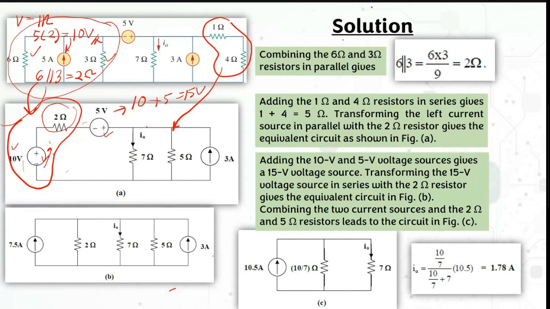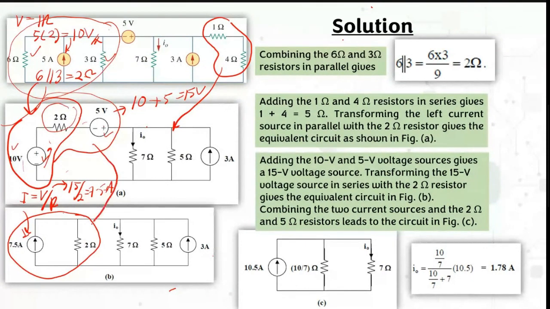Then you want to transform this into a current source. Current source equals V over R, so you have V, which is 15, over 2, so you have 7.5 ampere. So here you have the current source of 7.5, in parallel with this 2 ohm resistor. From this part you transform it into this part, so you have this circuit.